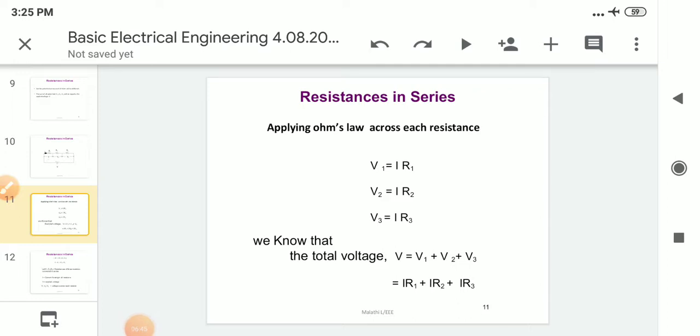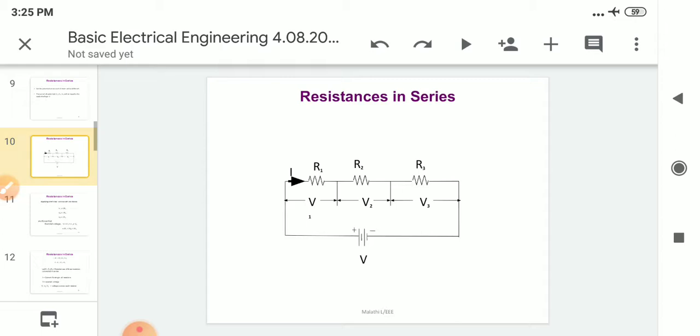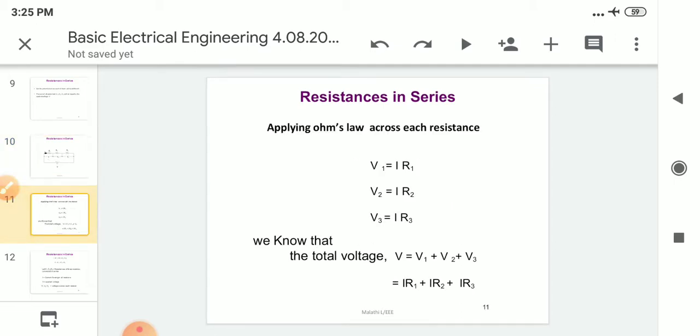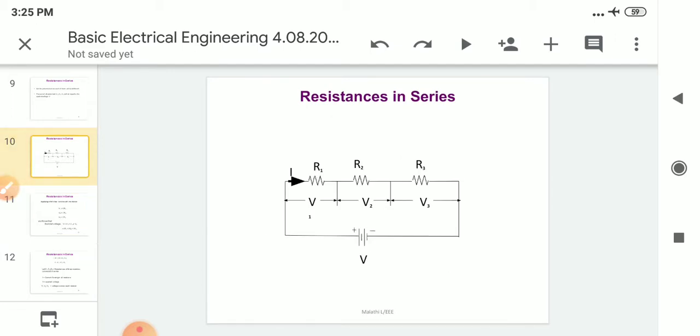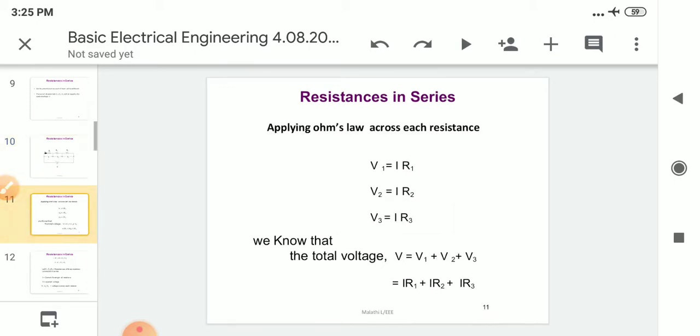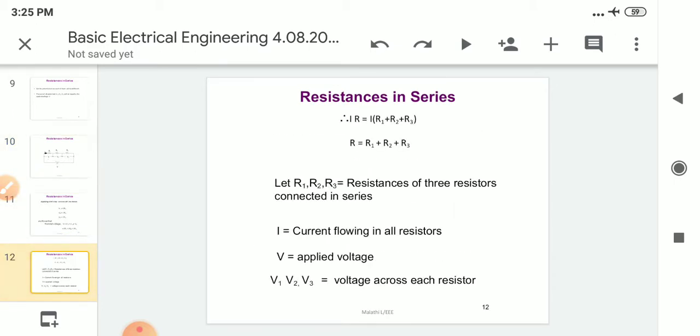So apply Ohm's law across each resistance. V1 is equal to I into R1, V2 is equal to I into R2, V3 is equal to I into R3. The total voltage V is equal to V1 plus V2 plus V3. If we add these drops, IR1 plus IR2 plus IR3, then IR is equal to I into R1 plus R2 plus R3.